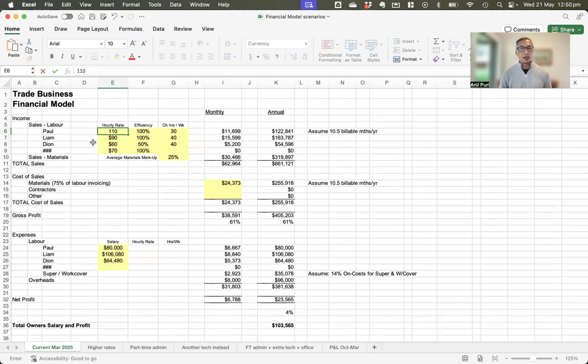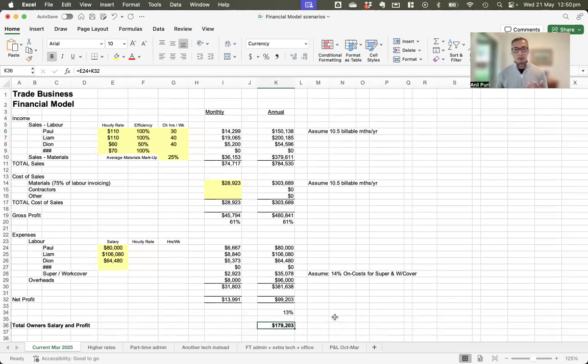If he increases to 110 for himself and his other tradesperson, that's jumping from a roughly $103,000 profit to $179,000 profit. Okay, so I always tell people that the profit is in the price, and this model just so easily shows how that works and why it works.